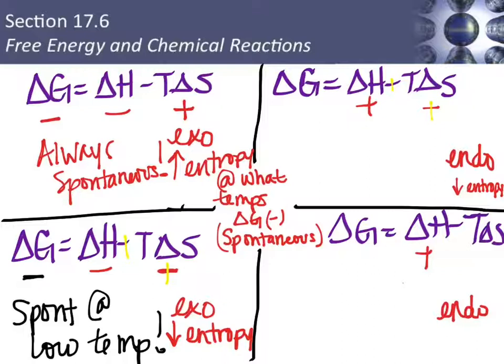It would be always. G is positive. So this is always going to be positive, which means it will never be spontaneous. So it's never spontaneous.